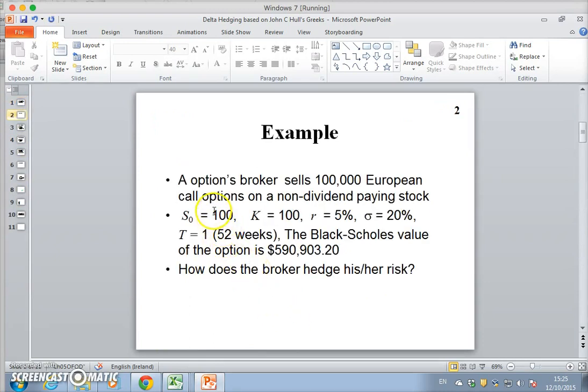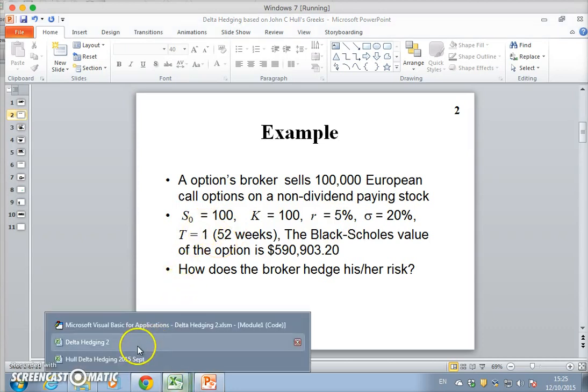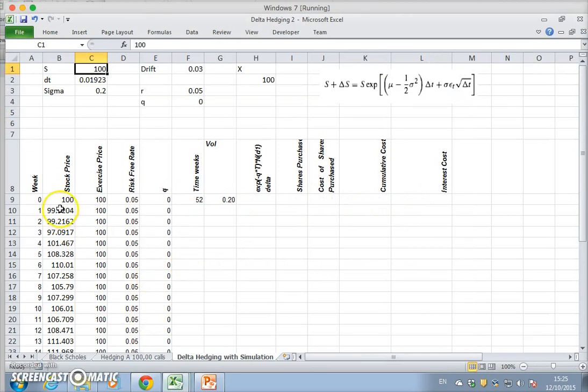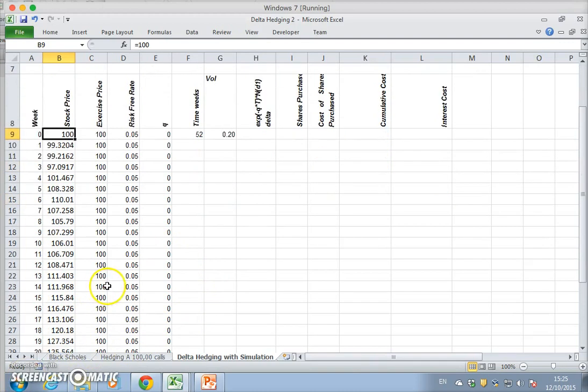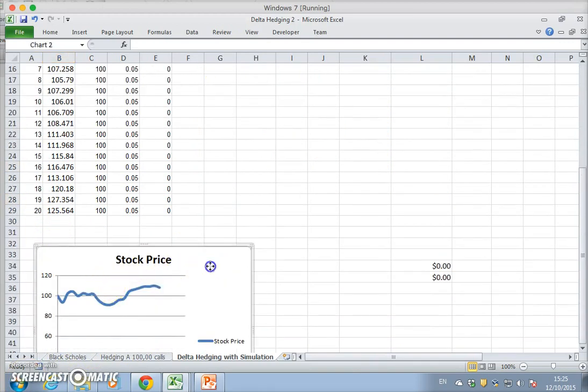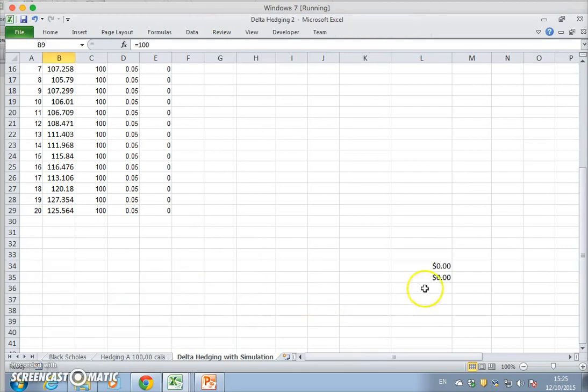as given here. So stock price of 100, K 100, r 5%, no dividend yield, volatility 20%, and time period 52 weeks. So we go back into our spreadsheet and we say, okay, let's simulate a stock price. And we want to do that for a 52-week period. So let's take this, remove this, and take this away.